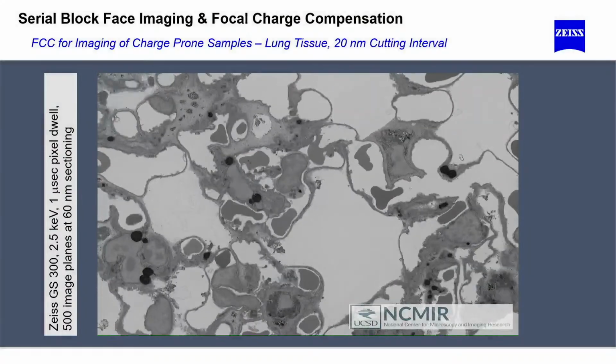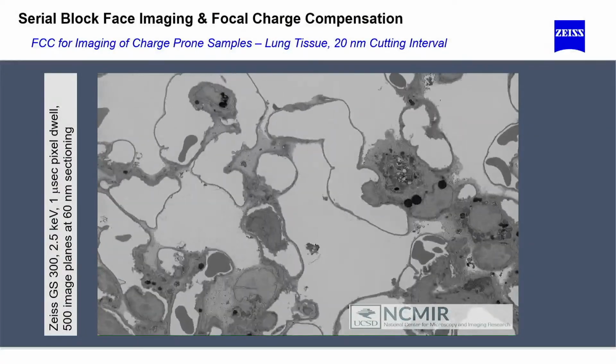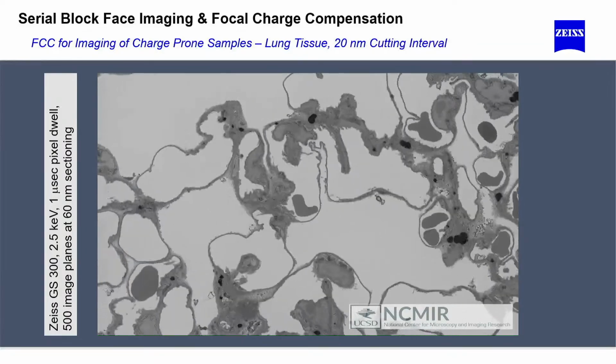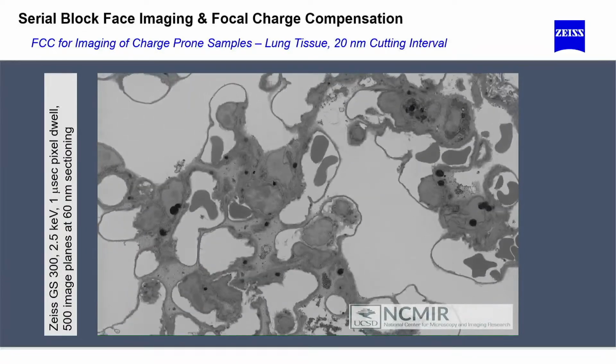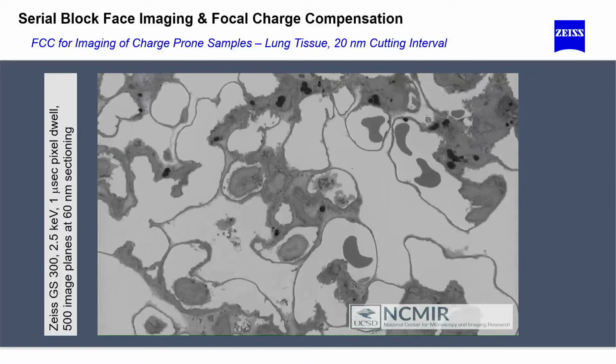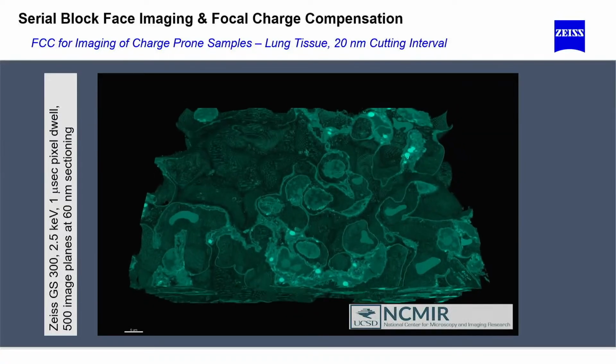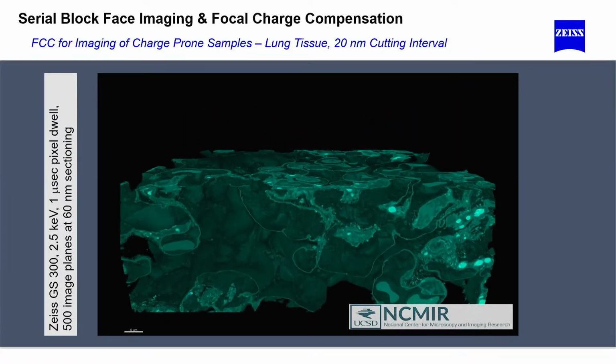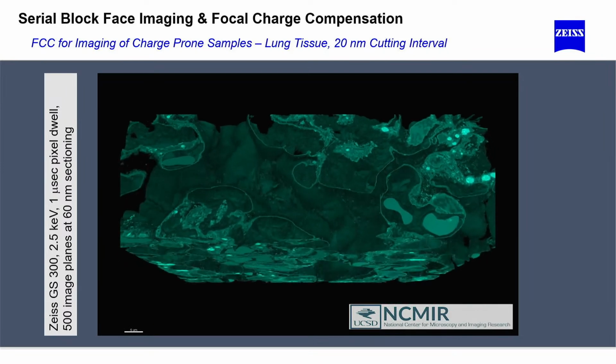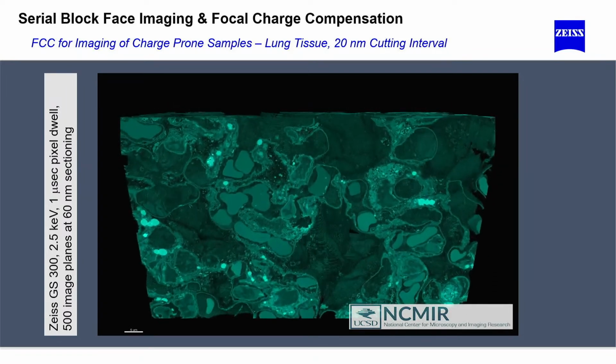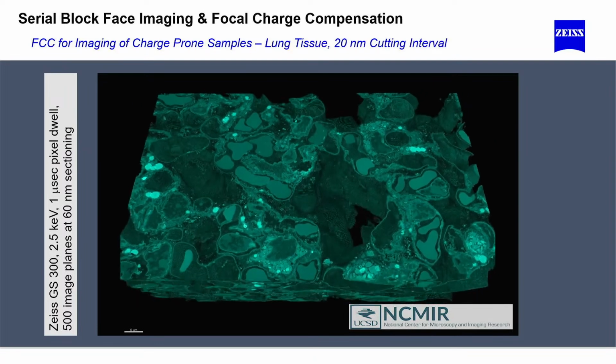For instance, if we look at tissues like we saw in the first talk of Professor Ochs, in the lung there are many areas with empty resin, and for this type of sample, focal charge compensation is absolutely necessary in order to get high contrast images.